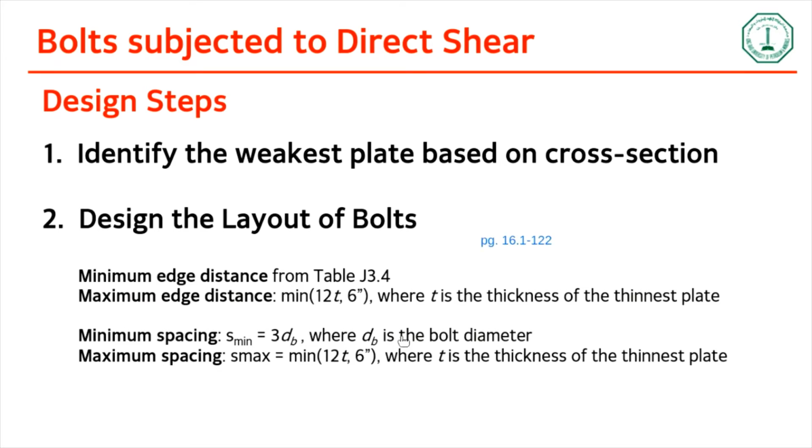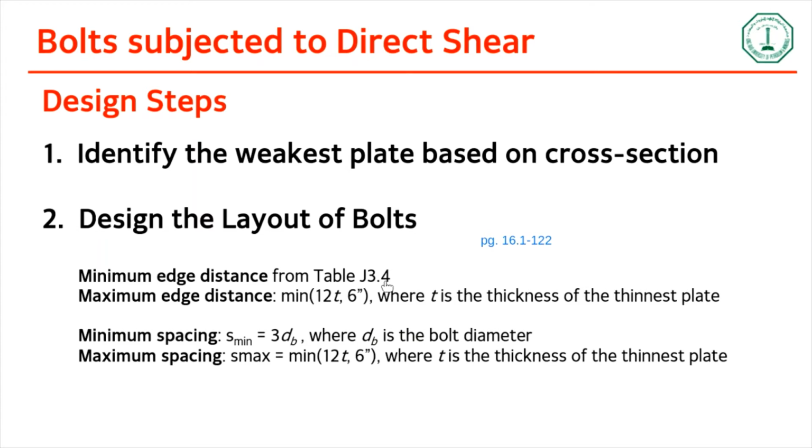So in that, all these conditions are given to you. The minimum edge distance is available from table J3.4 on the next page, page 123, which is dependent on the diameter of the bolt. Okay, so each diameter has a specific minimum edge distance. The maximum edge distance is taken as the minimum of 12 times the thickness of the thinnest member. Suppose you have two plates, the t is the thickness of the thinner plate.